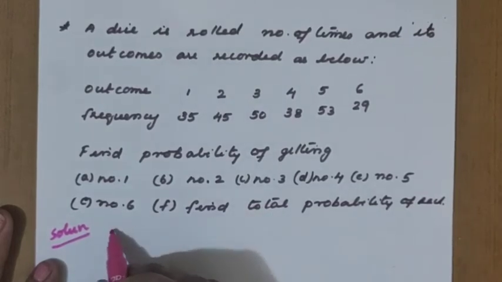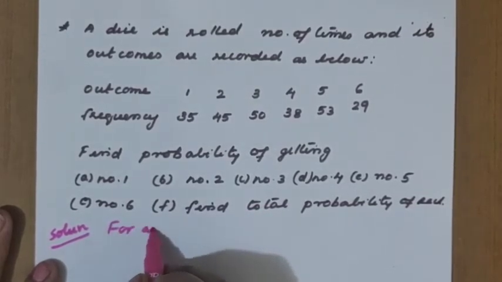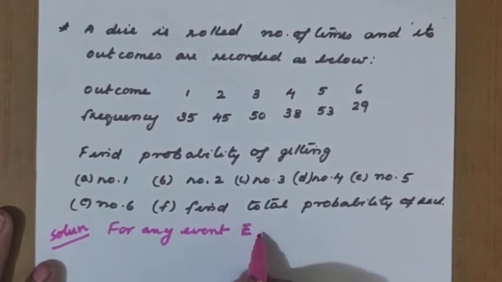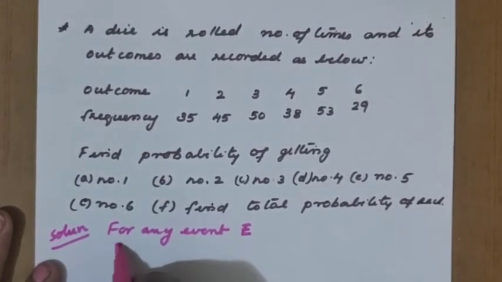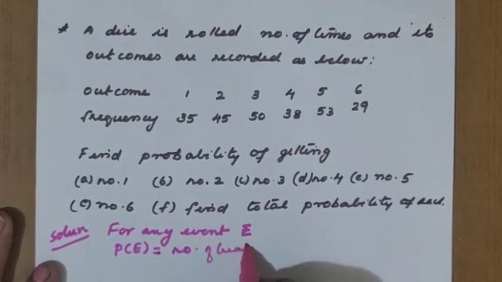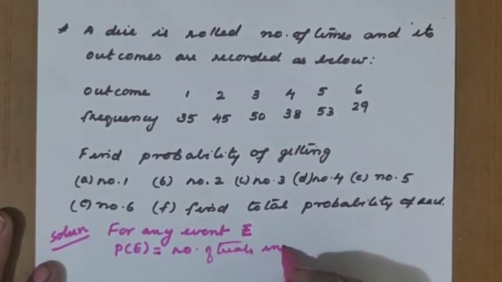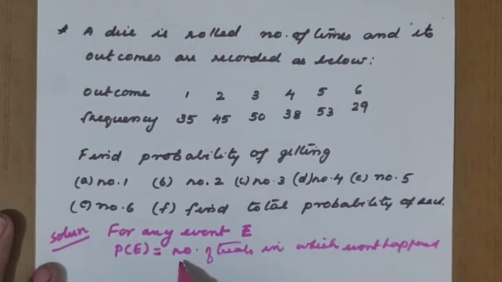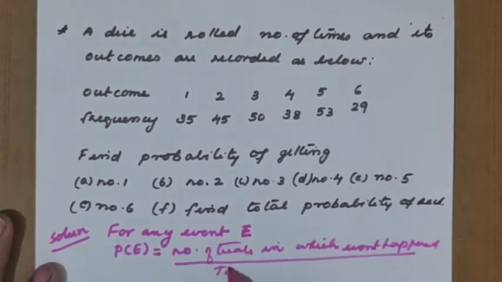So we will write that for any event E, P of E equal to number of trials in which event happened divided by total number of trials.